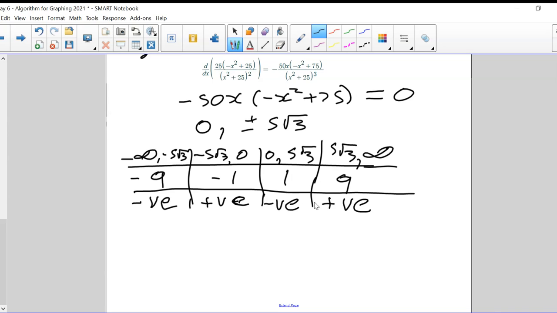And Vanessa, right on the money. What alerts you to the fact that there is a point of inflection? Remember, points of inflection come from a change in concavity. So when it goes from concave up to concave down, or vice versa, that is a point of inflection.